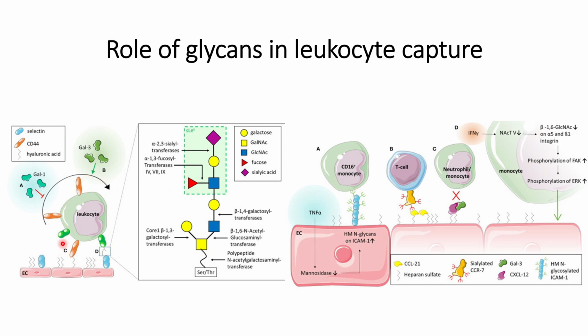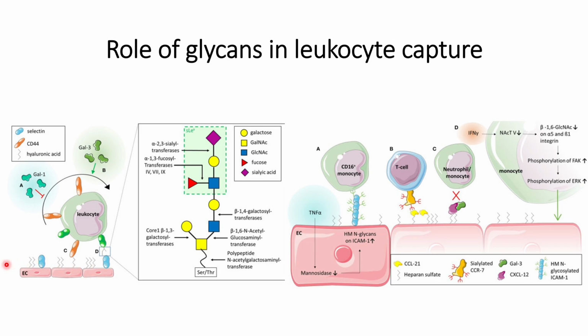We will start with the normal conditions, on the left-hand side, where the leukocytes have different kinds of cell surface proteins, such as CD44.